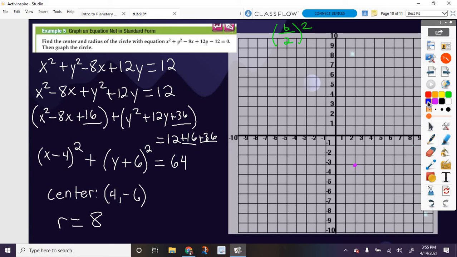Then, because this is a circle, and I know my radius is 8, I can basically go 8 units to the left, to the right, up and down, and then just kind of fill in all of the stuff in between. Again, since I'm going by units of 2, I'm only going to go 4 units in all directions.